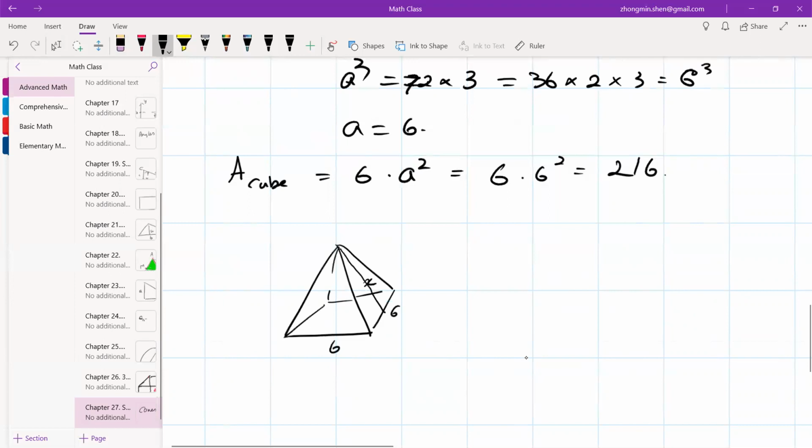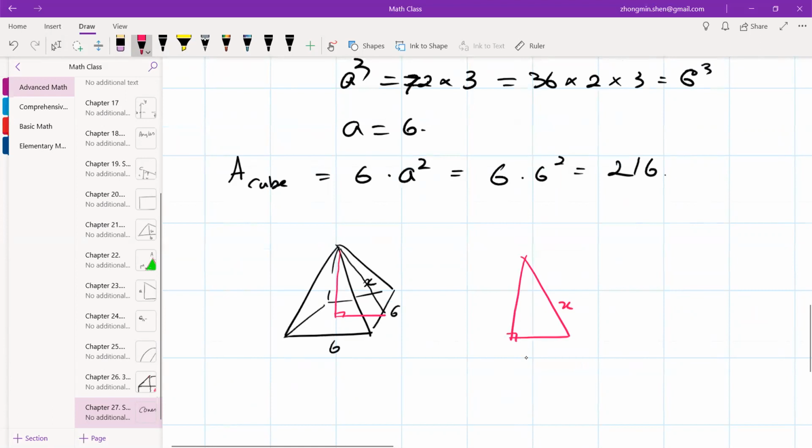You find x, then you can find the area of that isosceles triangle. But you need to draw additional lines in space. In order to find x, you draw down here and down here, and then you get a right triangle in space.